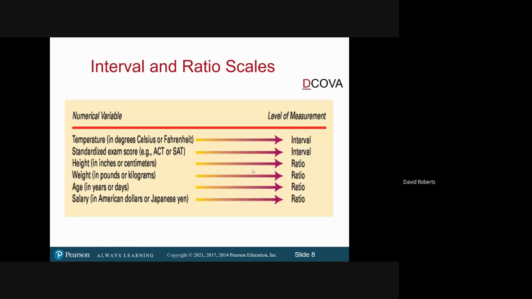Well, there is a 0, but you can go below 0 and above 0. Standardized tests like the SAT. Your height starts at 0. You can't have a negative height, you can't have a negative weight. You can lose weight, but you can't have a negative weight. Your age starts at 0 and goes to whatever age you are. And then your salary in Canadian dollars. We wish we got paid in US dollars, but at this point we get paid in Canadian dollars.